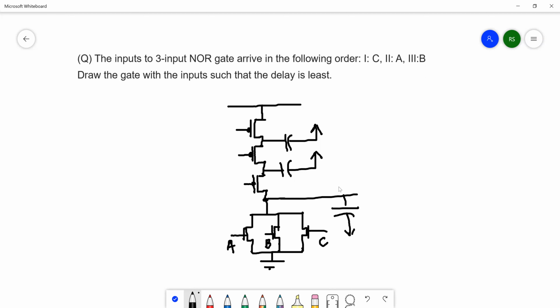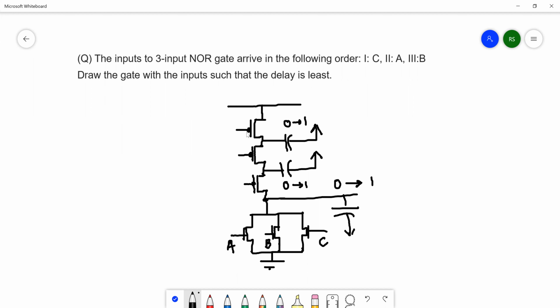We are concerned about the capacitances going from 0 to 1, all of them. Again, the idea is when the final signal comes, only the load capacitance has to be charged. This capacitance should already have been charged. So that is the simple idea.